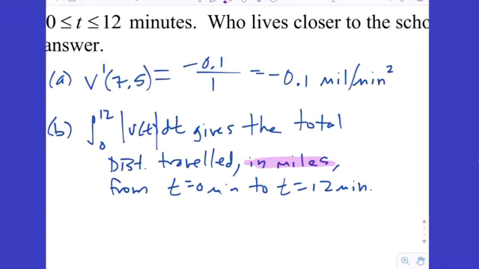It's very easy to leave off the units on the dependent variable and just say, this gives the total distance Karen travels from 0 to 12 minutes. That wouldn't get it, would it? That doesn't do it because you never said the units of distance. So make sure you give units for the dependent variable as well as the independent variable, from t equals 0 minutes to t equals 12 minutes. Okay, so that's the easy way to get full credit.